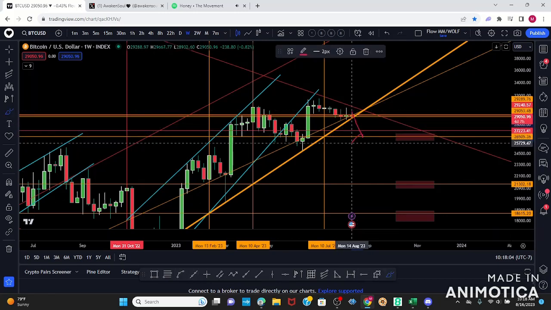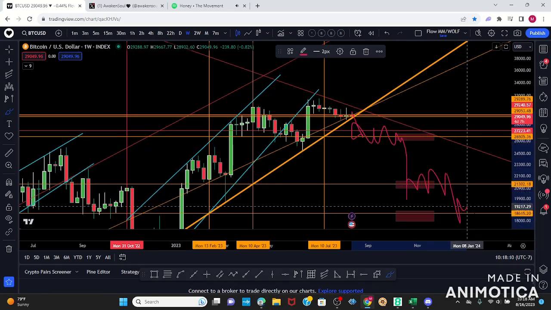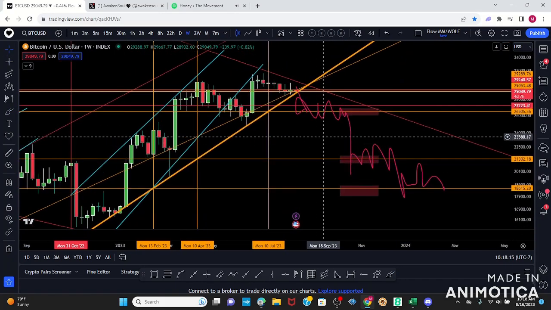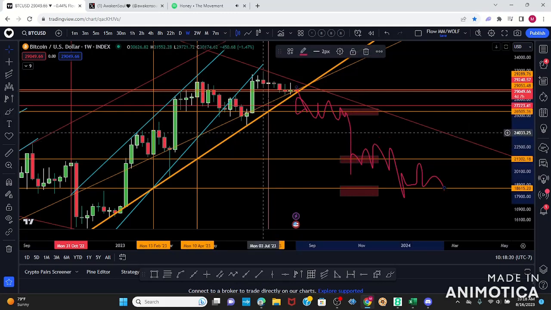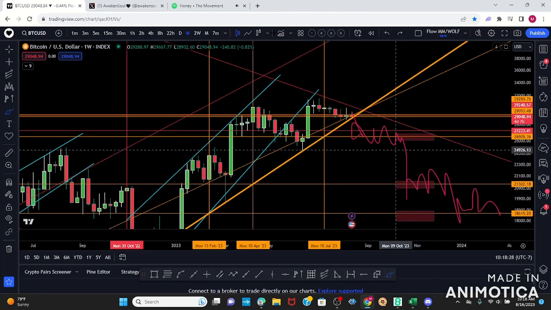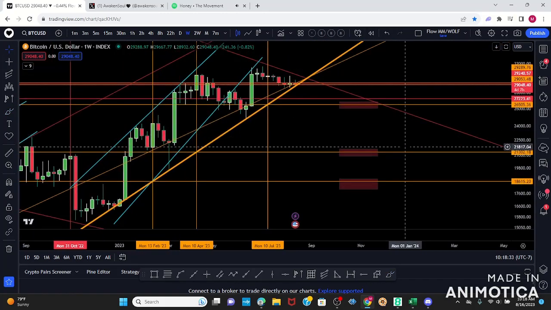Let's say it comes down, does this, comes down, does this. It could take months for a weekly play to play out. So take profits as it's coming down, because again, I could come here and then just rip up. So always have a stop loss under entry when you're in profits. That's what I usually do: I take profits and lower my stop loss under my entry like that.